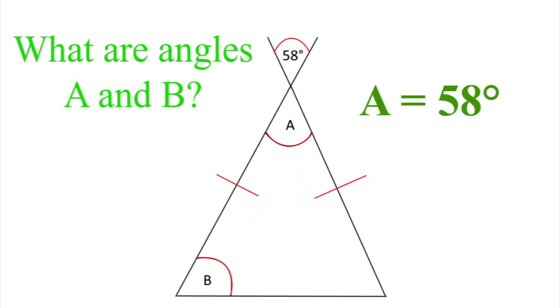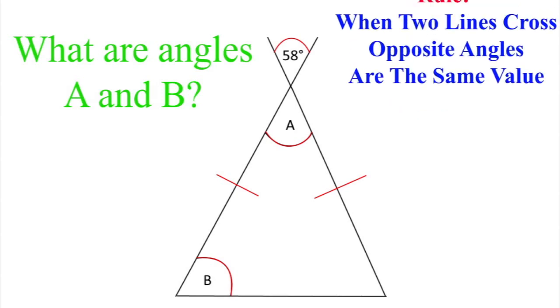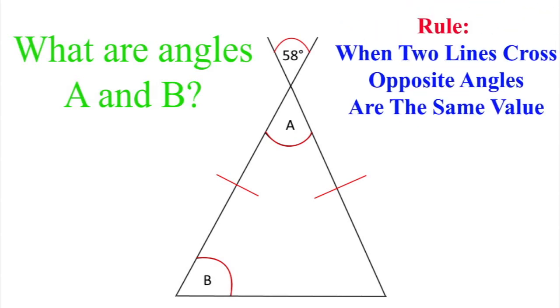Before we move on though, I want to talk about another rule that we've just applied. This rule states that when two lines cross each other, the opposite angles are the same value. I'll repeat that. When you have two lines that cross one another, the angles that are opposite each other have to be the same.